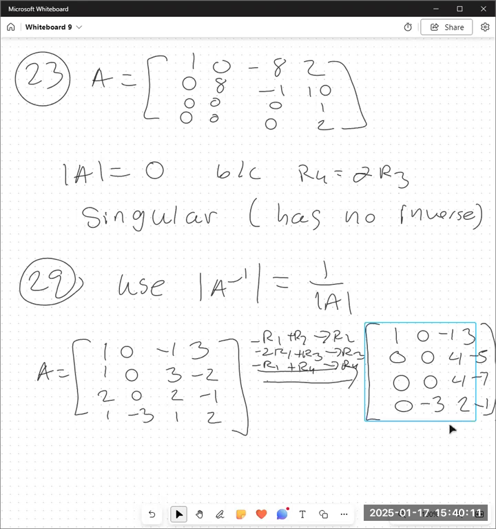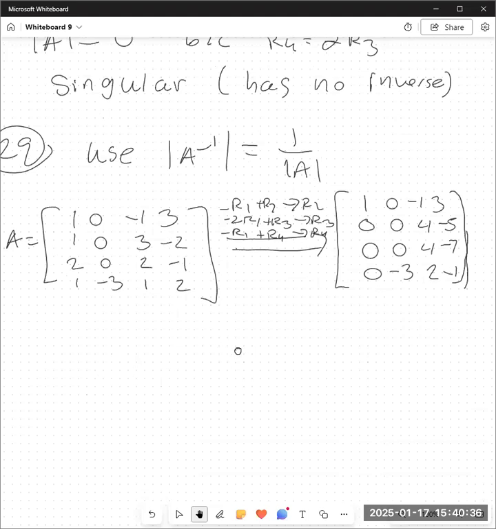So I'm going to swap... I guess I should do the determinants before I do this. That's fine to have done that piece because that doesn't change the determinant at all.